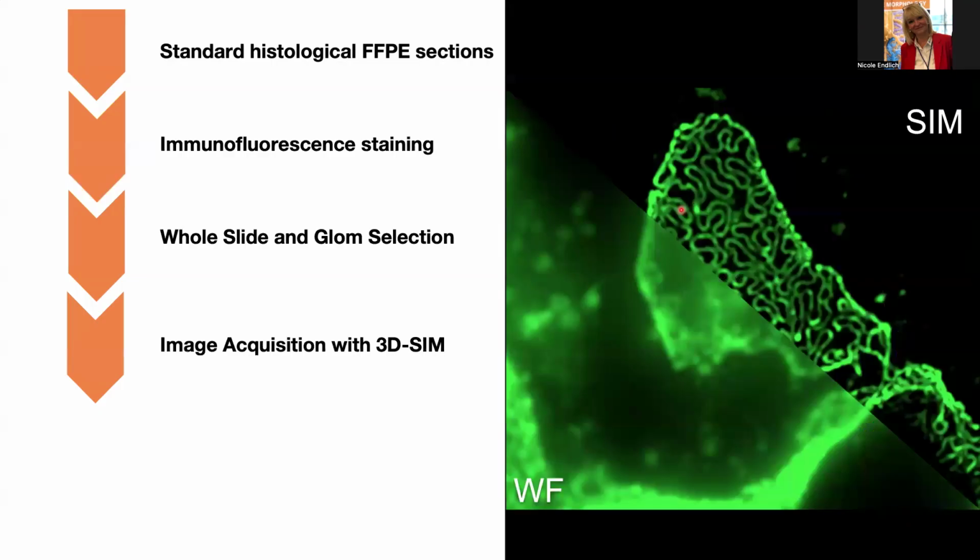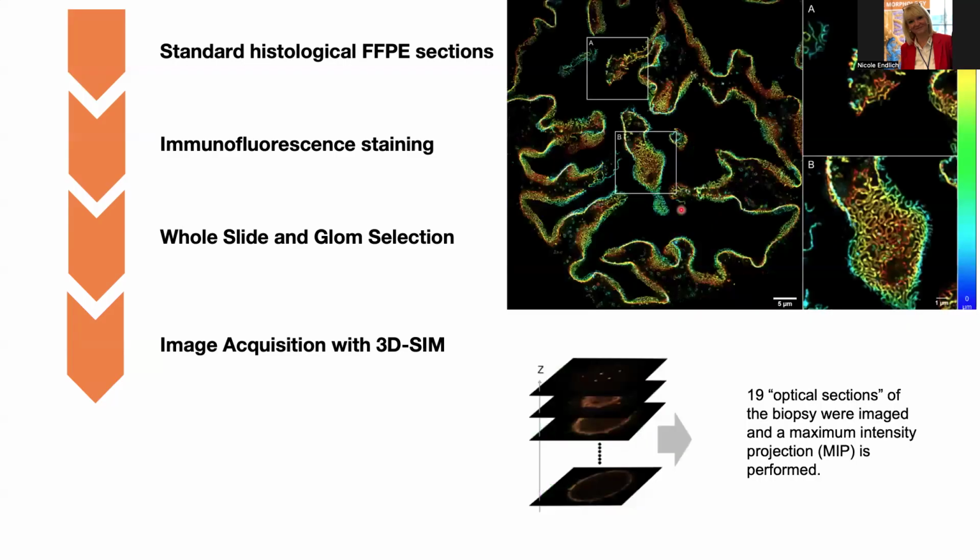In the next step, we make the image acquisition with a three-dimensional structured illumination microscopic technology, meaning we make not only one image, we make so-called optical sections. We are going through the tissue of 3 microns with a laser beam, and we take information of these optical sections.